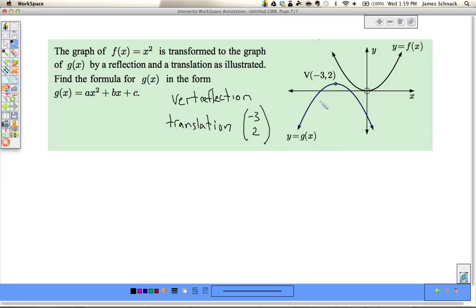And we really don't know anything else about the shape. We don't know if there was a stretch. It looks like there wasn't. They don't give us enough information to say that there is, so we're going to just say that there is no stretch. Now we plug stuff into this. We transform this. So a vertical reflection, that's where we make the function negative.